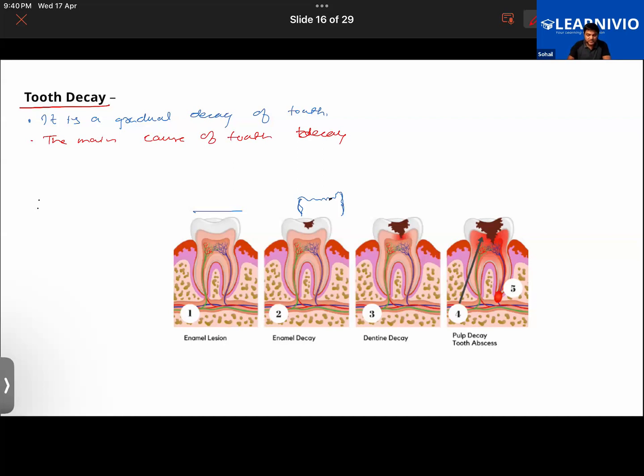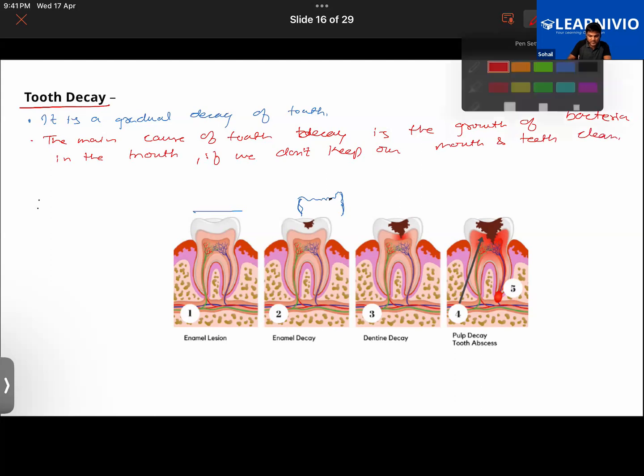So the main cause of tooth decay is the growth of bacteria in the mouth if we don't keep our mouth and teeth clean. So what will happen? This bacteria gets stuck over here.